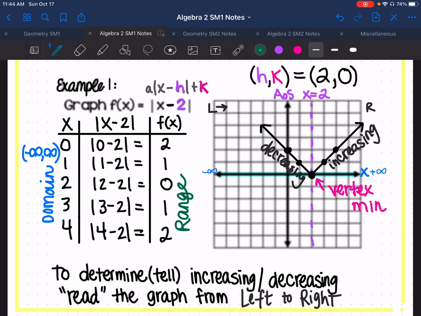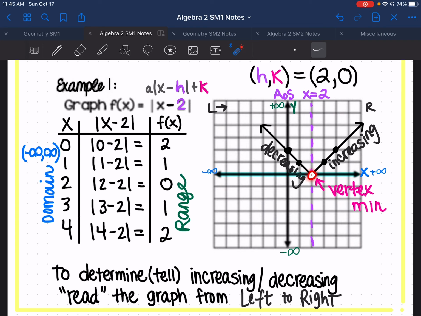So let's look at our y-axis. Remember in our y-axis, let me make that a little bit bigger. There we go. The negative infinity is down here, and the positive infinity is up here. Remember, we read the range from the bottom to the top, but really the absolute value is the easiest one to do because you're just going to look at your vertex.